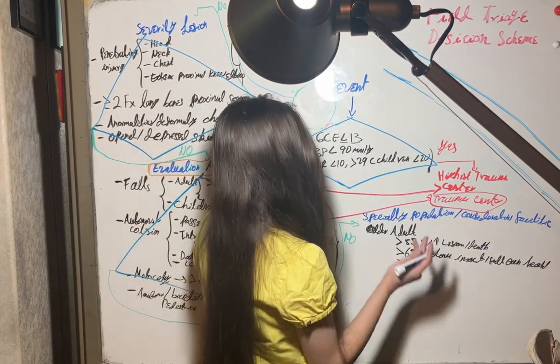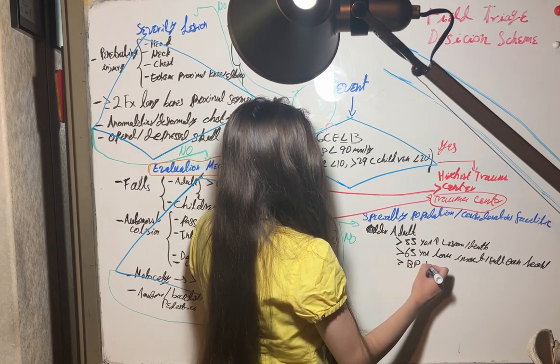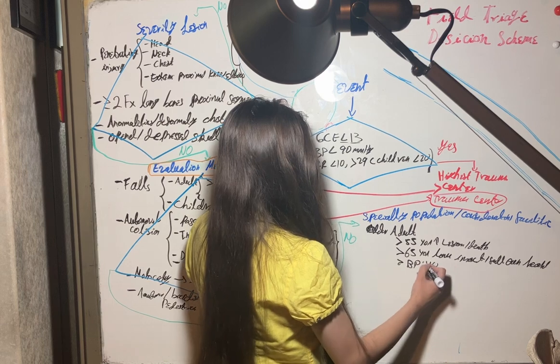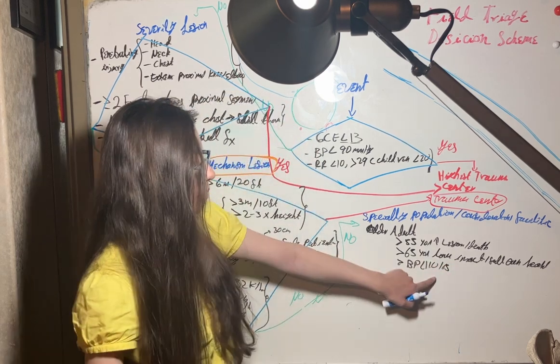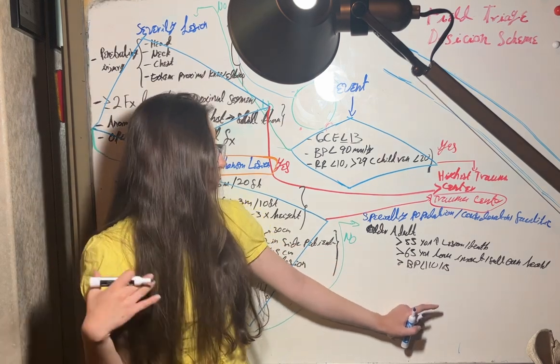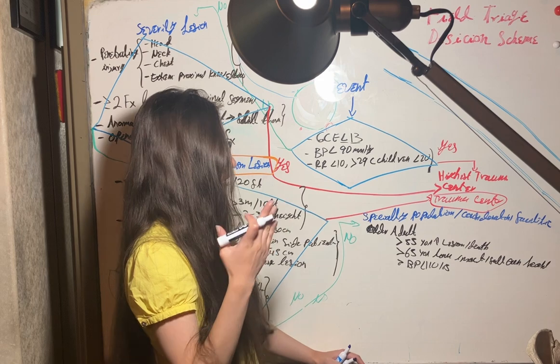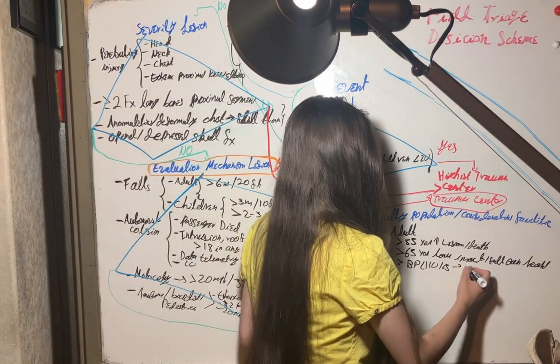Or also if we have an older adult with blood pressure of 110/65 or less, this could seem normal for a young adult. But in the case of trauma and being an older adult, this could suggest the patient is in shock.